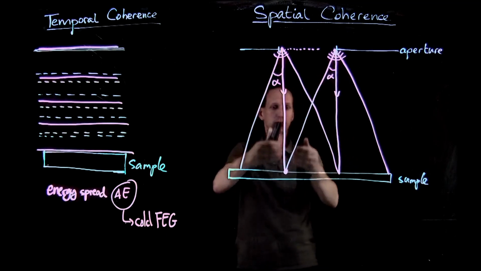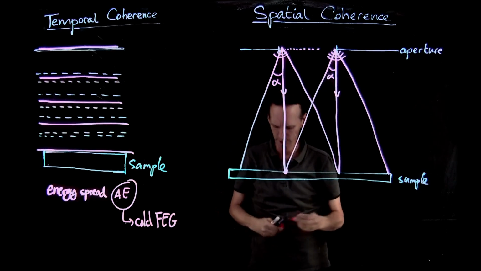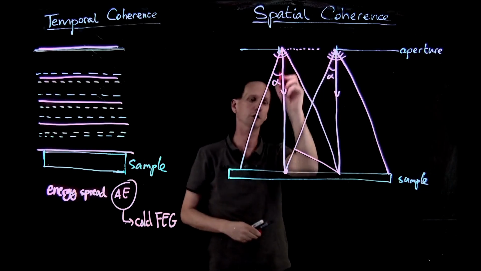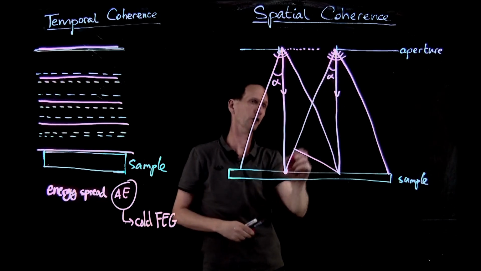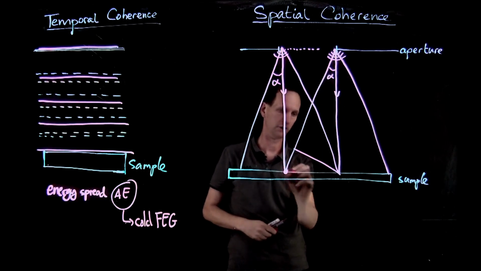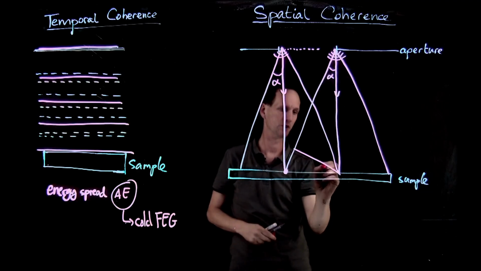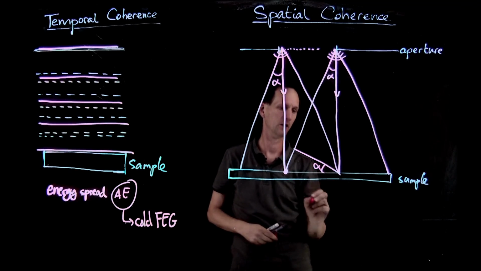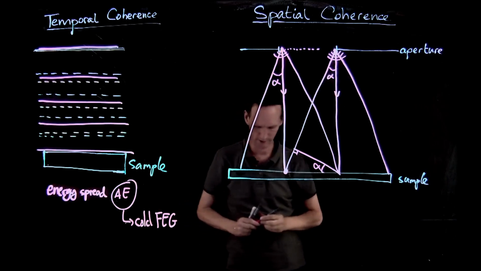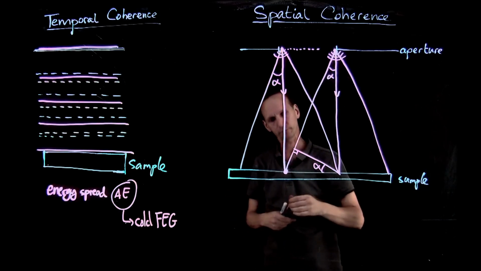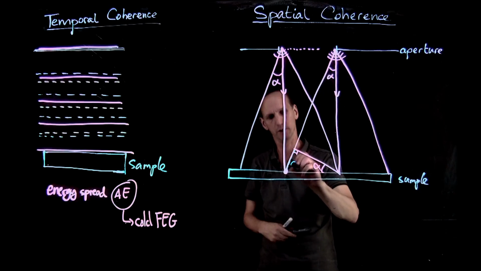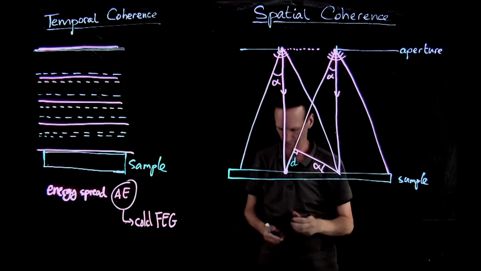But these two are the most extreme, and this path length difference between the straight ray and the ray under angle alpha is determined by the triangle we have here, where we see that this is again the angle alpha, this is a 90-degree angle, and the path length difference is the distance we have here, which I will denote by d.